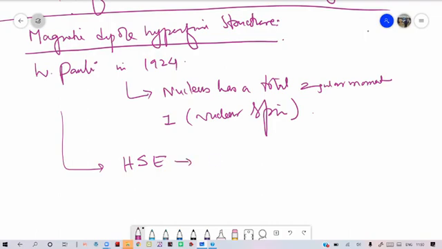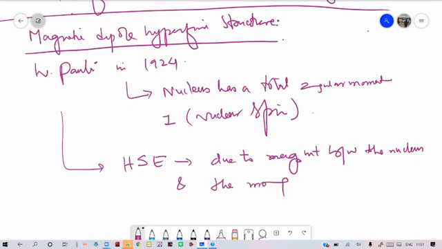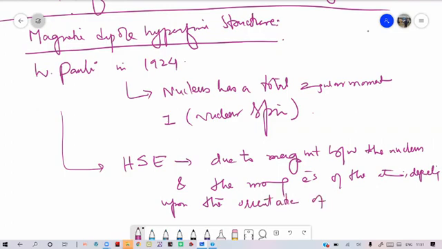These arise due to magnetic interactions between the nucleus and the moving electrons of the atom, depending upon the orientation of this nuclear spin.